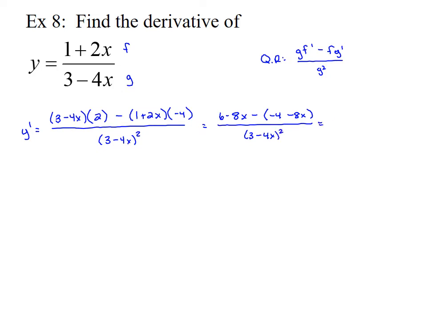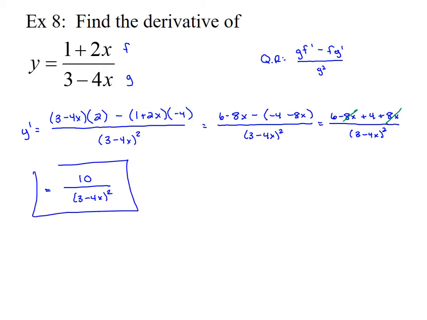Distribute that negative through, and it's 6 minus 8x plus 4 plus 8x all over 3 minus 4x all squared. And really the big thing we notice here is that the 8x's actually cancel each other, so I'll take care of that. And this gives you 6 plus 4, which is 10 on top, divided by 3 minus 4x all squared. And that is an example of the quotient rule.